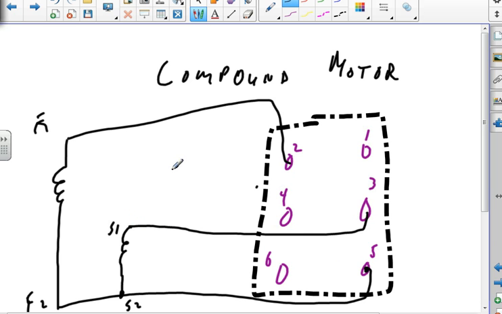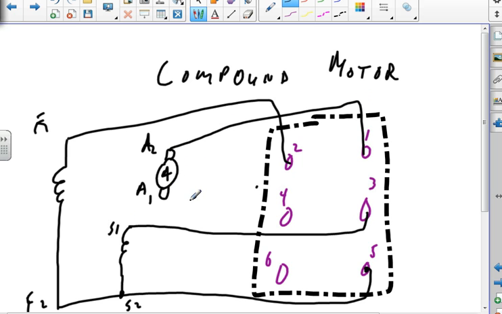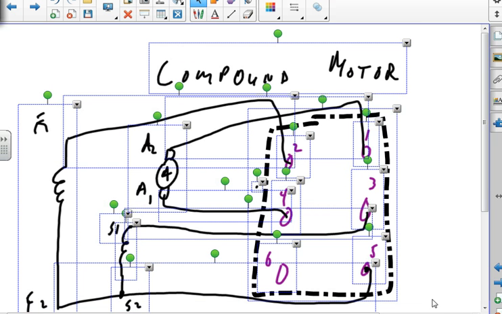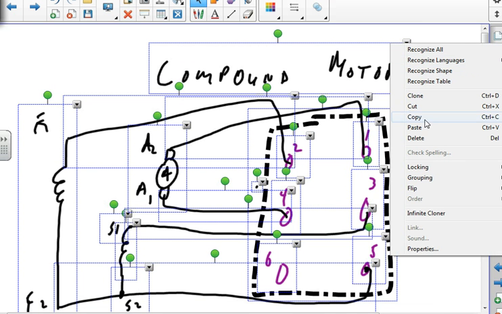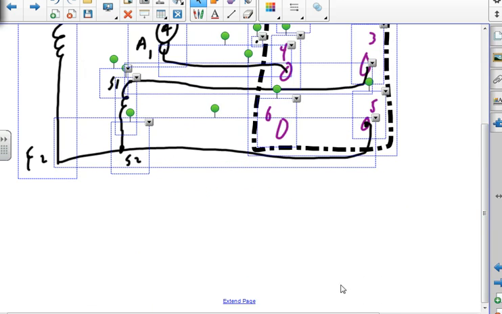And then I've got the armature winding, A2, A1. It's going to go to 2, and it's going to go to 4. Okay. Copy.